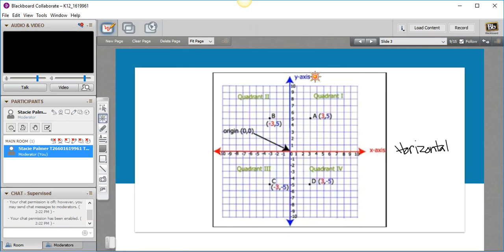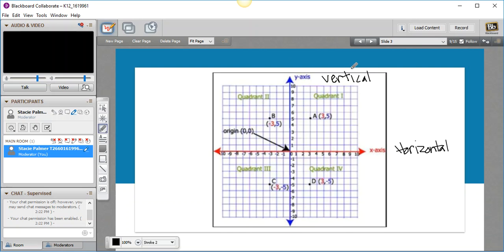The y-axis, this one right here in blue, you can see that it runs vertical, okay? From the 0 moving up, the numbers increase in value. From the 0 moving down, the numbers decrease in value, okay? So our y-axis, that is our vertical axis.